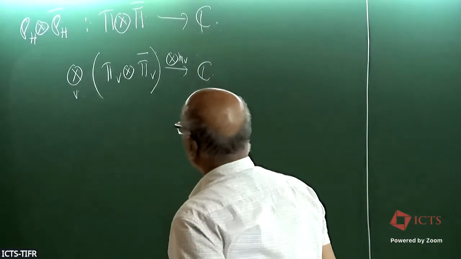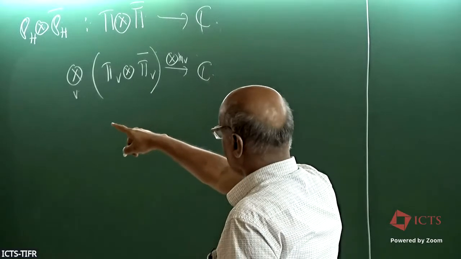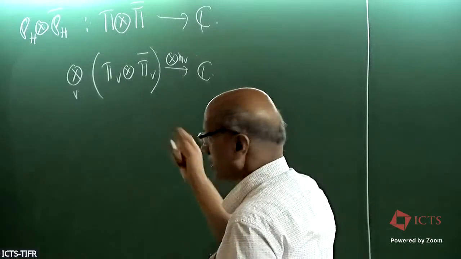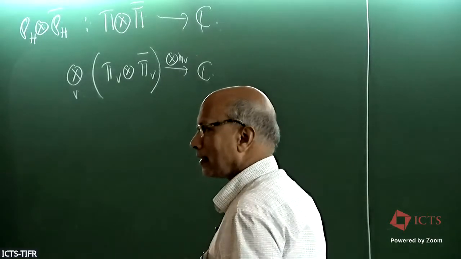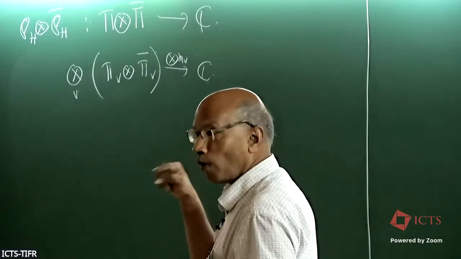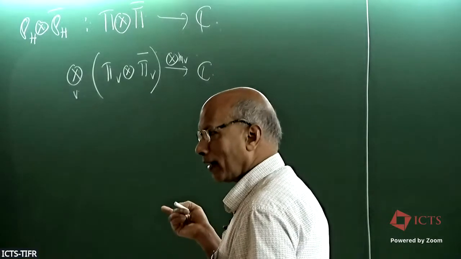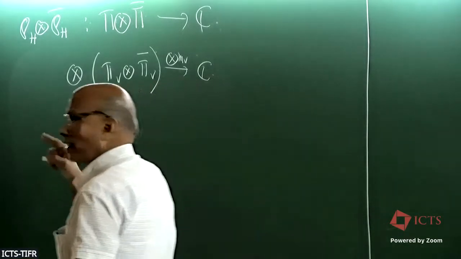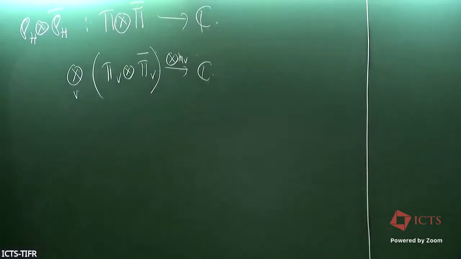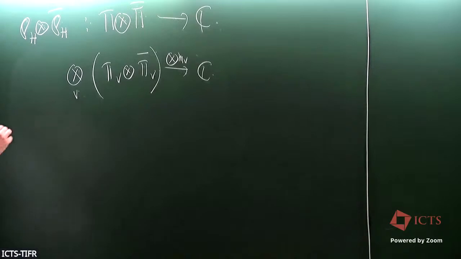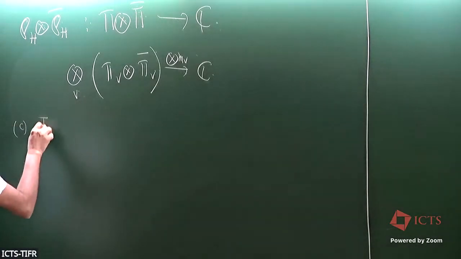Given linear forms on pi v tensor pi v to C, you can look at their restricted tensor product and hope to construct an invariant form on the whole tensor product. For this, you need to ensure that on the spherical vector, the value taken is 1. So this is one of the main calculations which Ichino Ikeda did.